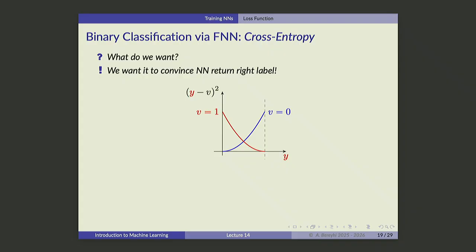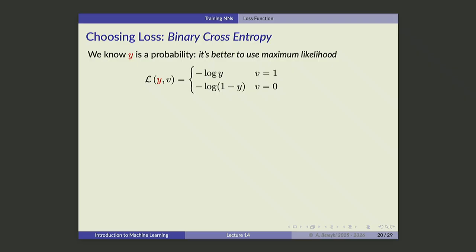Now, what if you want to maximize the likelihood? What should you use? This is what you need to use. Let's think about it. Let's say my class is 1, okay? If the class is 1, what is the probability of that class computed by my neural network? Your neural network is giving you just one value y, right? That is the output of the sigmoid. We treat that as the probability of class 1, right?